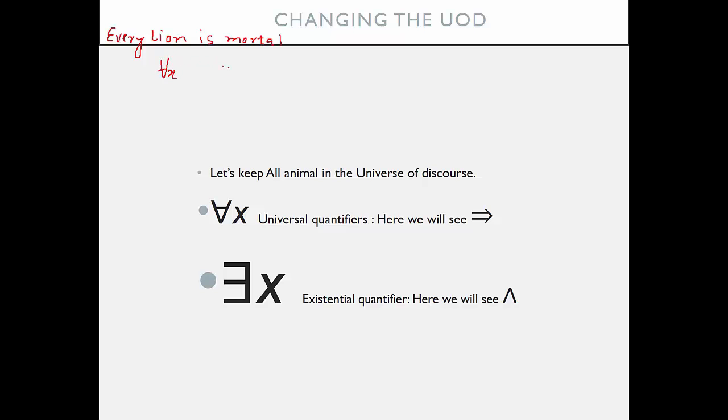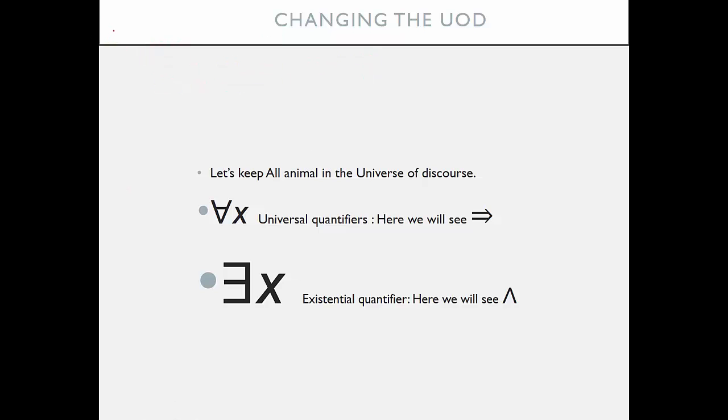And if x happens to be a lion, then it is mortal. There's an important thing to note: if this universal quantifier occurred, then along with this we're going to see an implication.